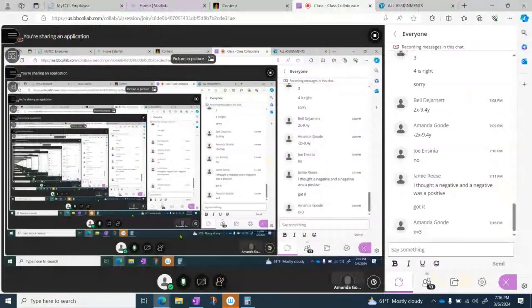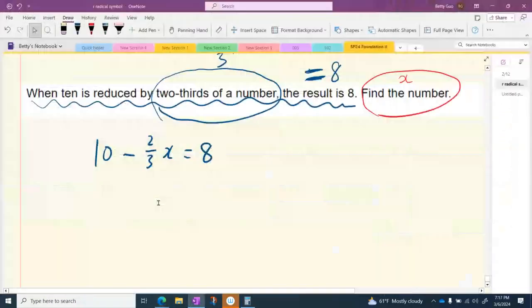Three. Awesome. Perfect. Thank you, Amanda. You know what's the easy way to solve this equation? Sometimes you can just make sense of the equation.